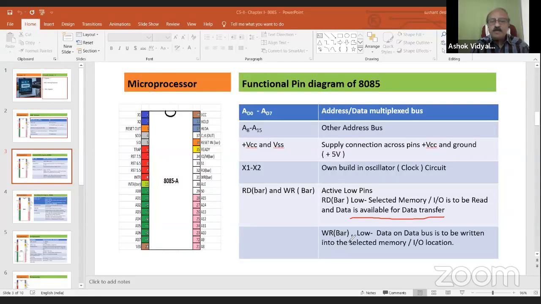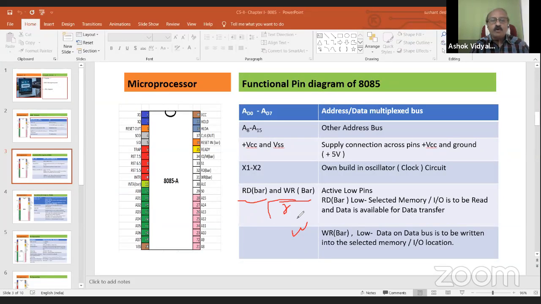And when the WR bar is low, it means we are going to write something into the memory, then data which is already available on the data bus is written into the selected memory location. So guys, have you cleared about this cycle? This will come when we see the machine cycle and instruction cycle. So here, this is the read operation and this is the write operation.